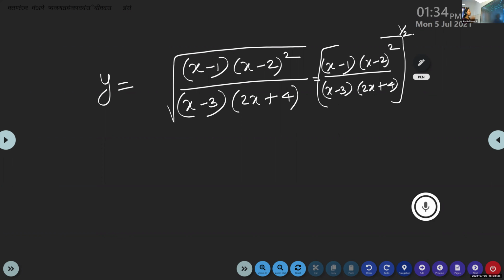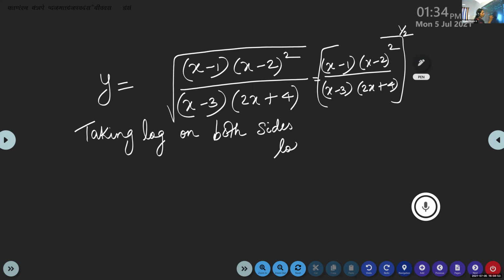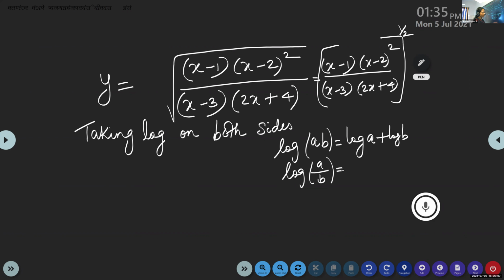Now you take log on both sides. Listen, children. When we take log on both sides, we can use the properties of log. What are the properties of log? What is log of a into b? It is log a plus log b, isn't it? What is log of a by b? Log a minus log b.